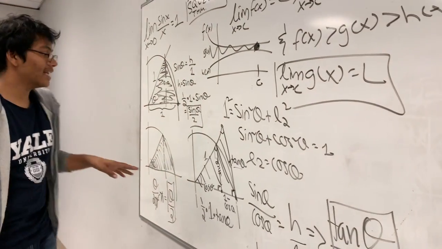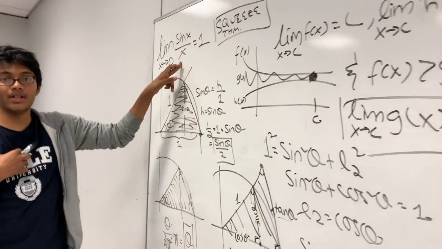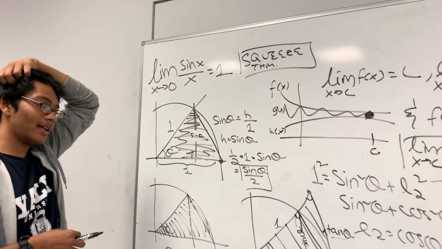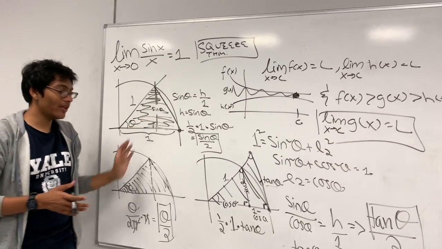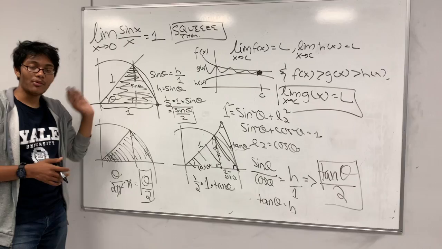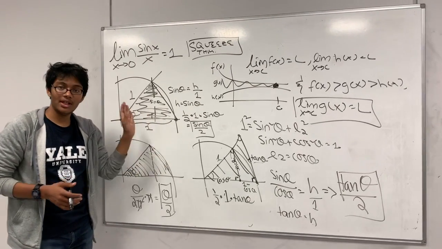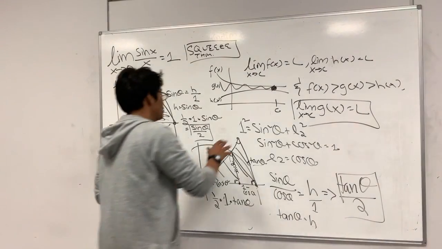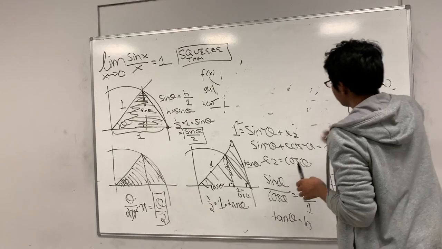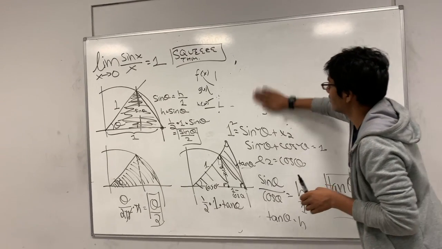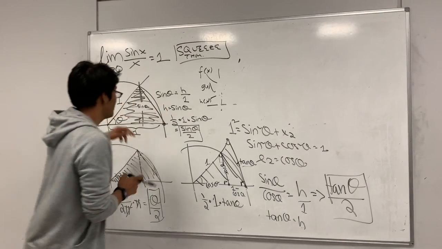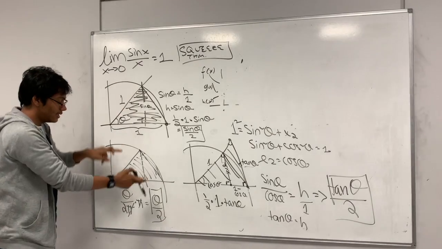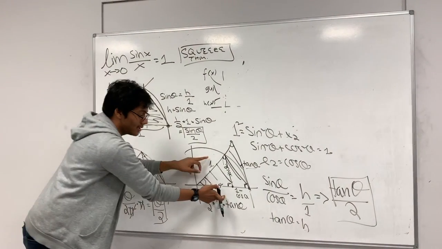But how does that help us find sine x over x? Well, the thing here is that we found 3 different areas, and we know the relationship of these 3 areas to each other, right? Let me show you what I mean. We know that this is the smallest area, this is the medium area, and this is the greatest area.